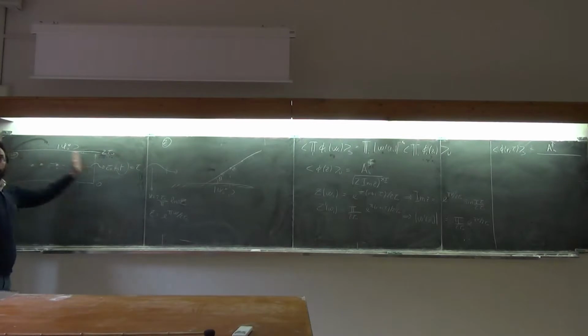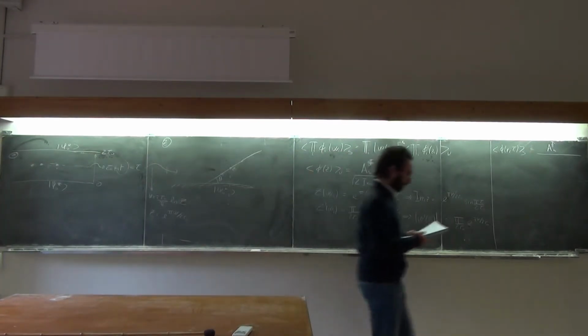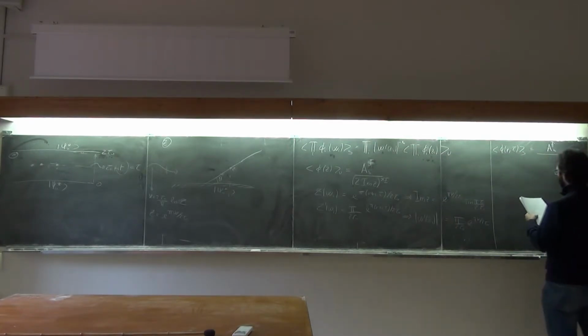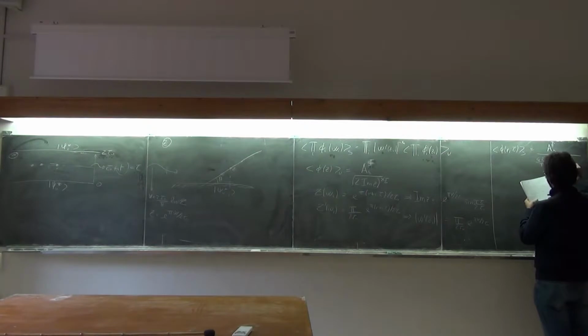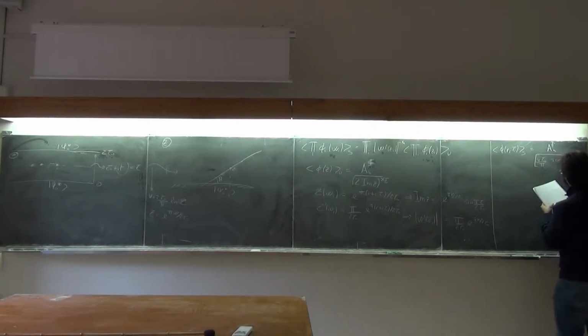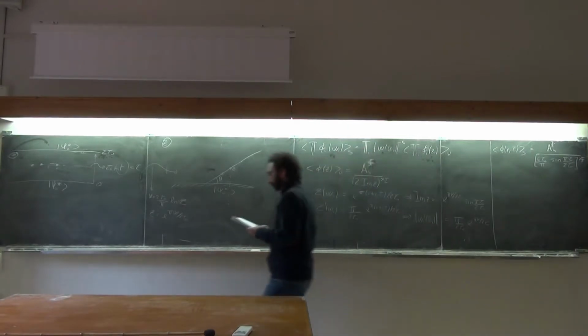This object is translational invariant in r but not in tau, so the r dependence cancels. This we are very happy with. Then we have 4 tau naught divided by pi sine pi tau divided by q tau naught, to this power x phi.